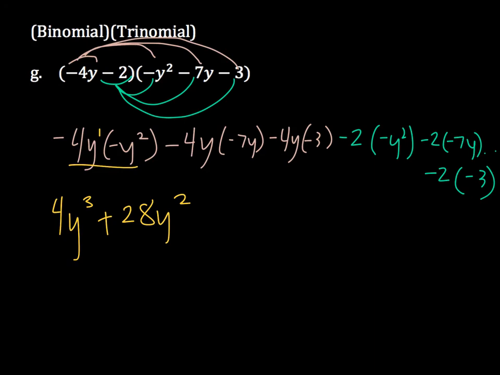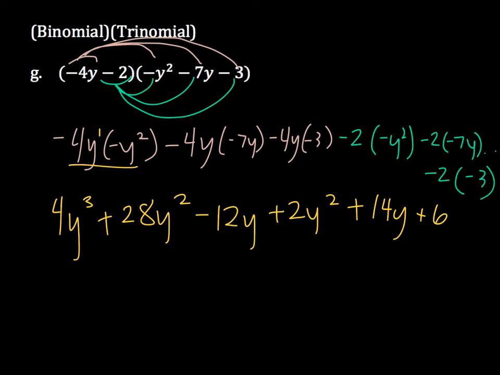Negative 4y times negative 3 is minus 12y. Then I have negative 2 times negative 1 is going to be plus 2y squared, plus 14y, plus 6. Combining like terms, be careful when you're doing this because you might miss stuff.